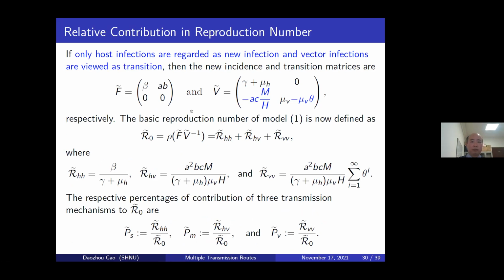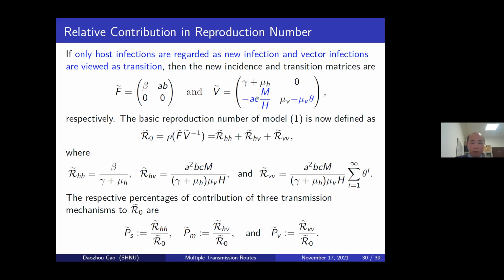We redefine the reproduction number by considering only new host infections as new infection, and the new vector infection as transition. So here we have a new incidence matrix and transition matrix.